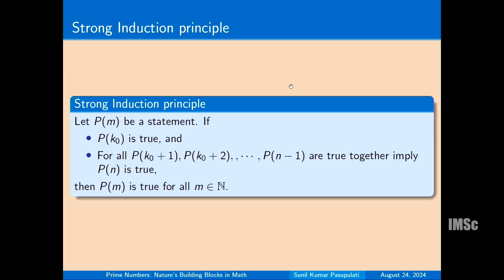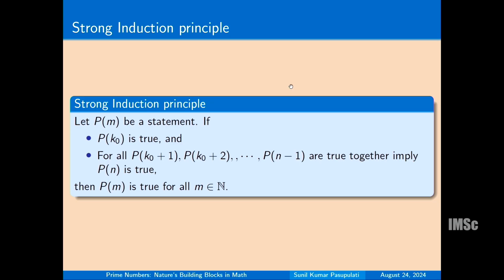Suppose P of m is my statement. What I do is I check for some k naught, which is called the base case. Then I assume the statement is true up to n minus 1. For example, suppose my statement is 1 plus 2 plus 3 and so on up to m is equal to m times m plus 1 by 2.